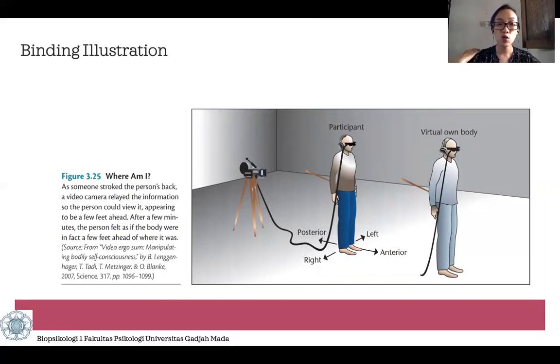Then someone strokes your back. You simultaneously feel the touch and see the action that appears to be 2 meters in front of you. After a while, you start perceiving your body as being 2 meters in front of you. When you are asked, please return to your seat, you will walk to a spot displaced from the actual seat as if you were actually 2 meters forward from your current position.